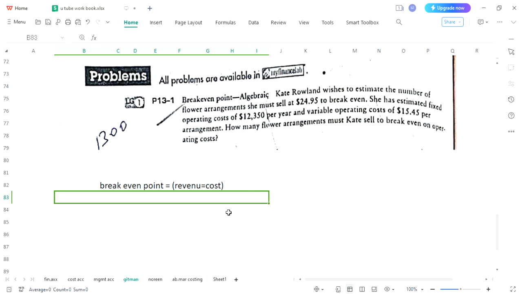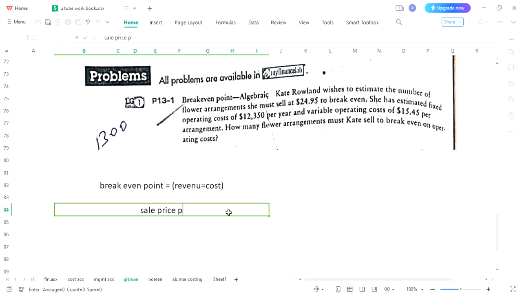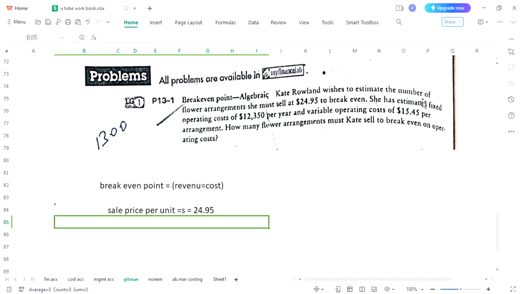So we have got our sale price per unit, that can be denoted with S, and we have 24.95 dollars. Next she has estimated fixed operating cost of 12,350. So we have got our second element, fixed cost, and that is $12,350.